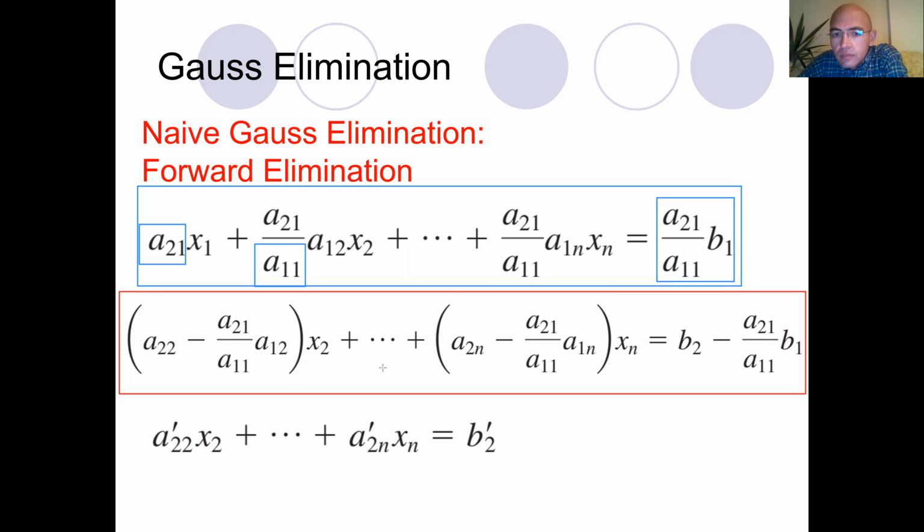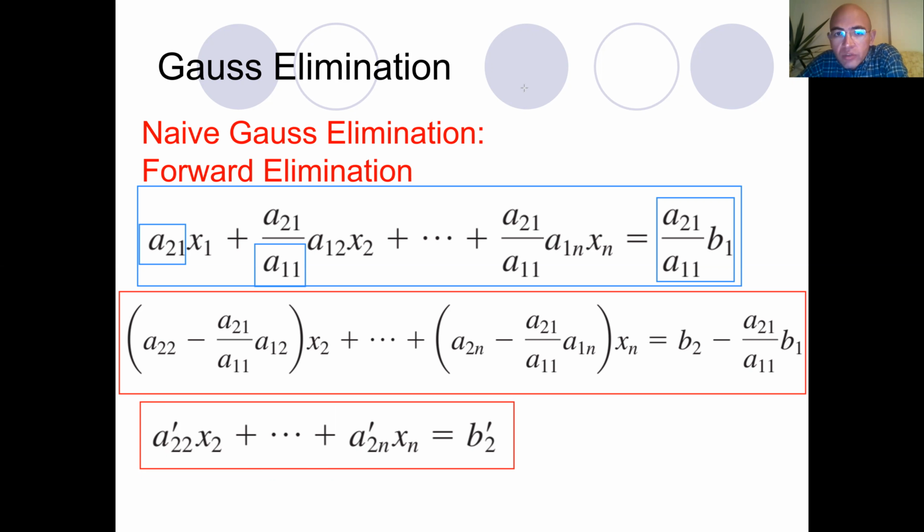We can write this modified equation, or the equation which we made an operation on, like this. So this becomes our new second equation, a22 prime multiplied by x2 plus some terms plus a prime 2n multiplied by xn, and that's equal to b prime 2.